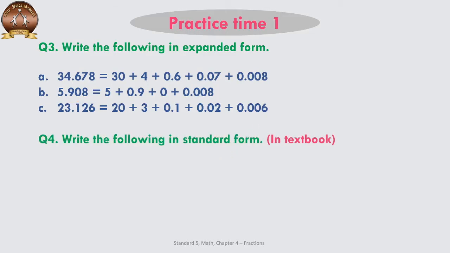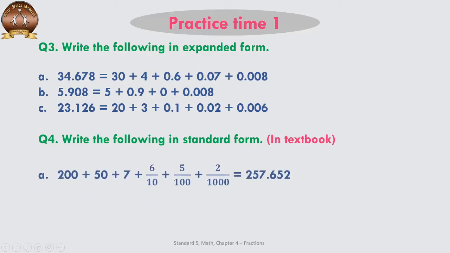The next question that we have is, write the following in the standard form. So in this, the expanded form is given and we have to represent it in the normal form, that is the standard form. Now the expanded form given here is 200 plus 50 plus 7 plus 6 upon 10 plus 5 upon 100 plus 2 upon 1000.